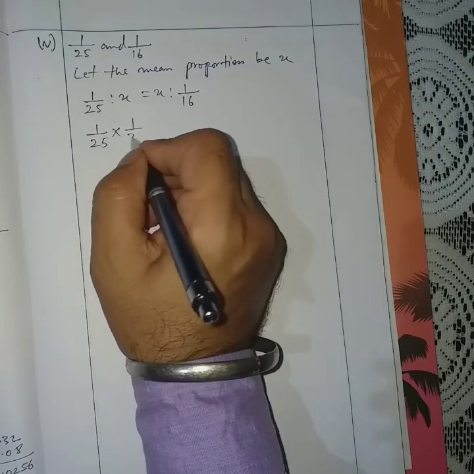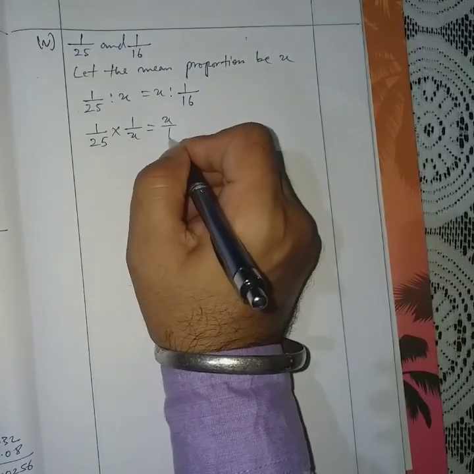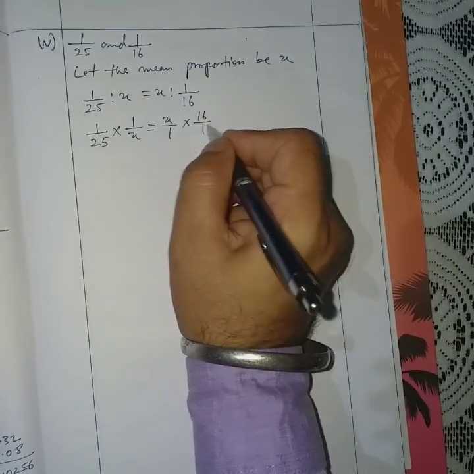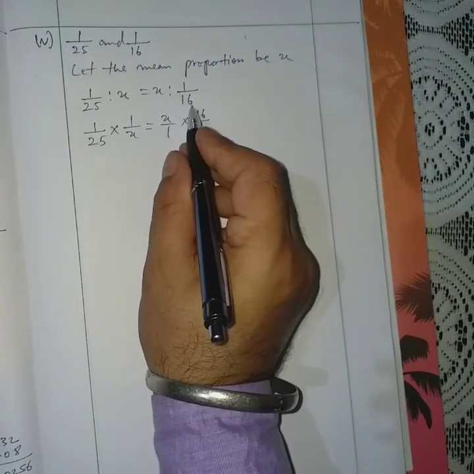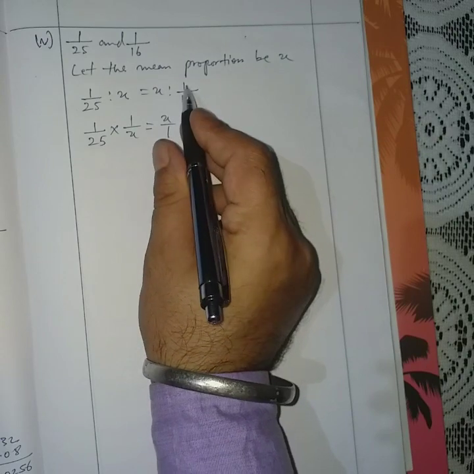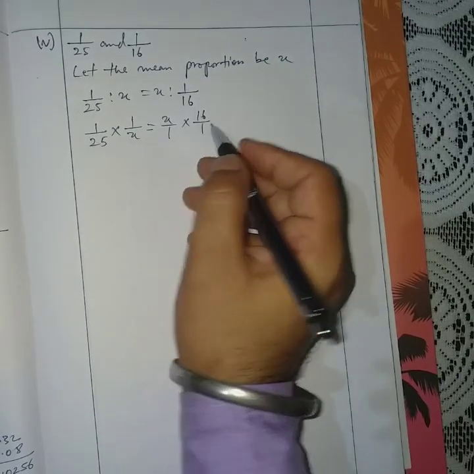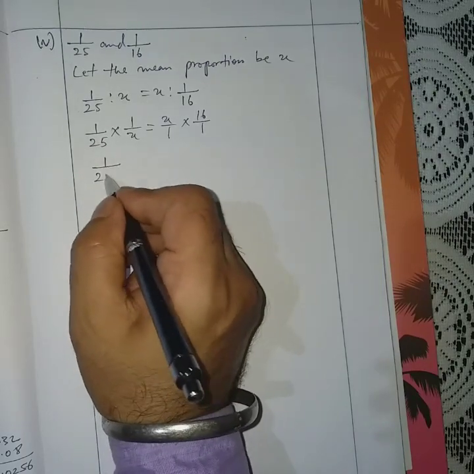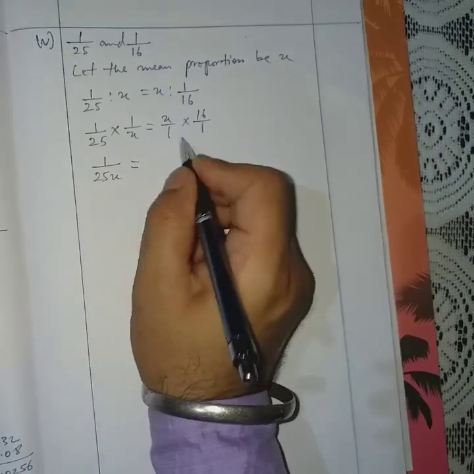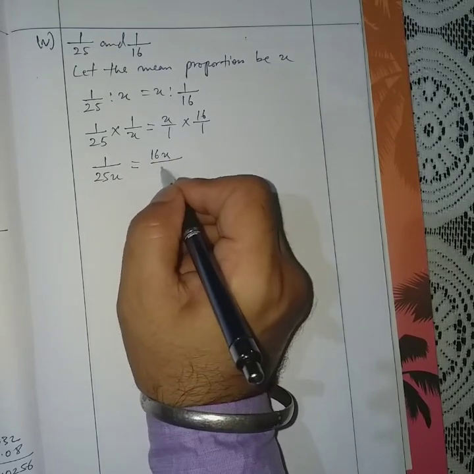1 by 25 into 1 by x this side, this is x by 1 into 16 by 1. I am changing the sign and this becomes reciprocal. Denominator goes to numerator, numerator comes to denominator. So this way 1 into 1 is 1, 25 into x is 25x, 16 into x is 16x, 1 into 1 is 1.